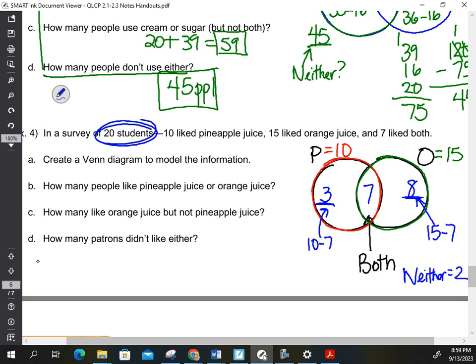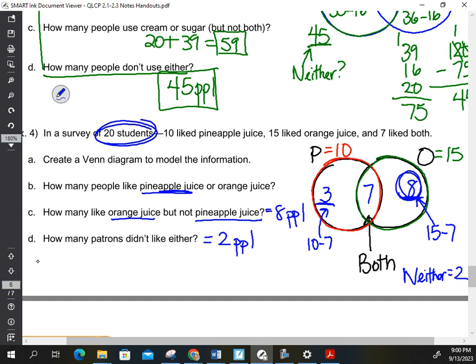3 plus 7 plus 8 is 18. Take that away from 20, you get 2. So at least we know what part D is: 2 people don't like either. How many like orange juice but not pineapple juice? You're looking for the non-overlap. That's 8.